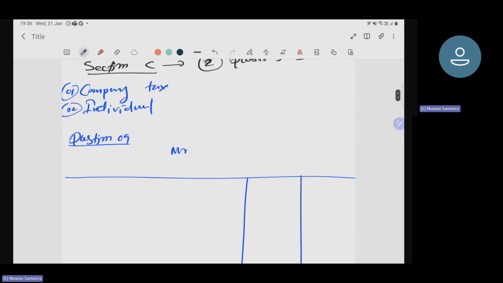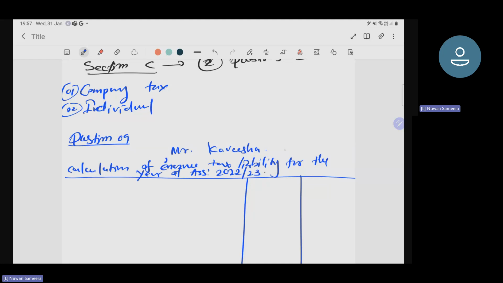So, Mr. Kavisha, calculation of income tax liability for the year of assessment 2022/2023. I will do this question in rupees in thousands.